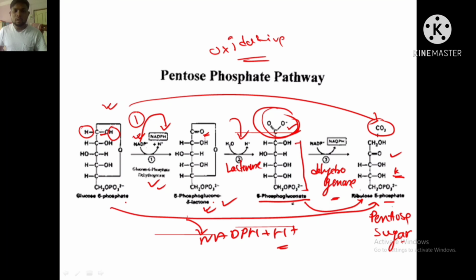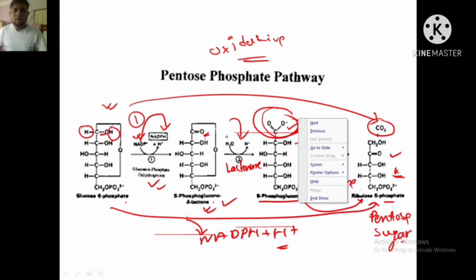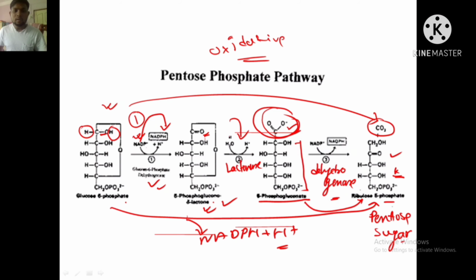So the molecule will be named 6-phosphogluconate, where one molecule of water will play a role here, which will give oxygen for this carbon and convert it into carboxylic bond.